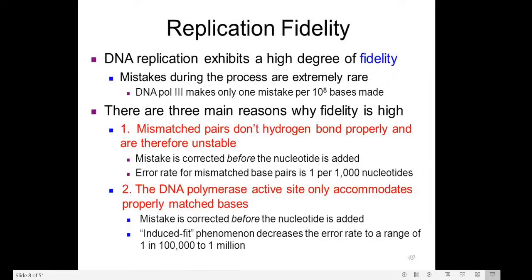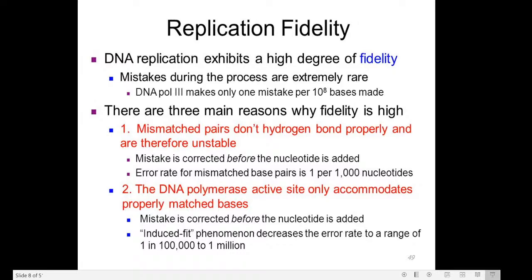Okay, it's replication fidelity. In this replication fidelity, there may be two different reasons why it happens. It depends on the damage that happened to the DNA.